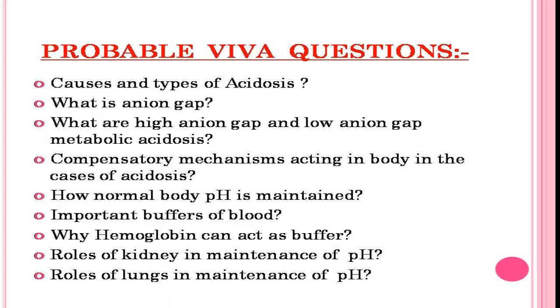This is discussed in the theory classes. And another thing, how normal body pH is maintained, important buffer systems of the blood, why hemoglobin can act as a buffer, role of kidney and lung in the maintenance of pH. These are the probable important viva questions that you expect from the acidosis alkalosis chart.